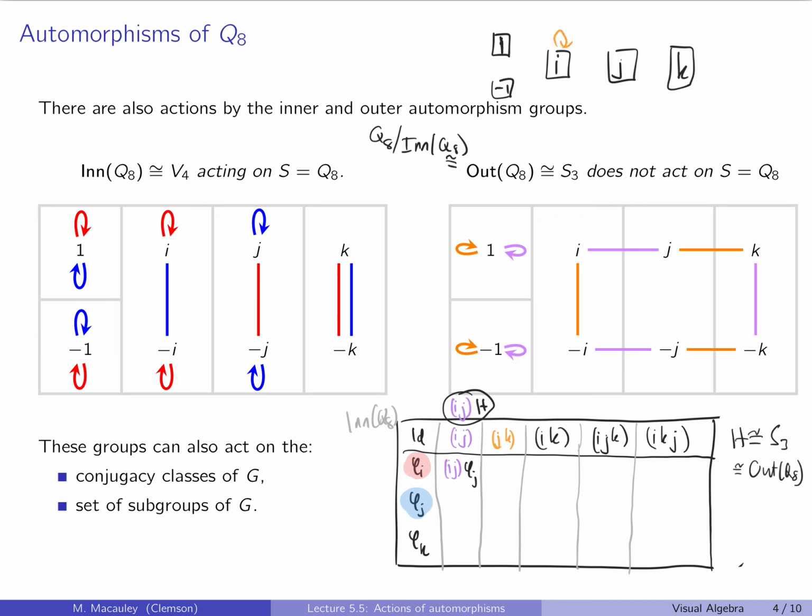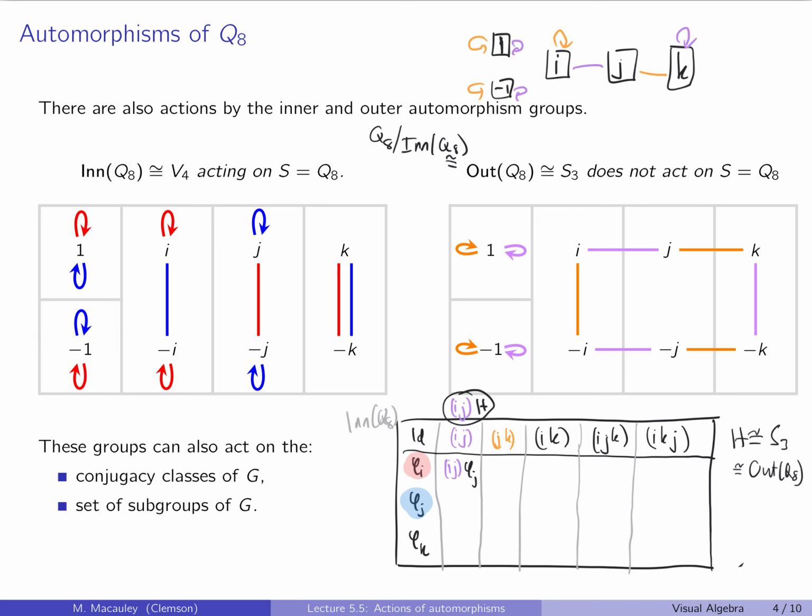I think you see how this is going. It will swap those and it will fix that. So this group acts on the conjugacy classes. This group acts on the group. It also acts on the conjugacy classes, but it does so trivially because it fixes all of the conjugacy classes. So all of the buttons are broken.